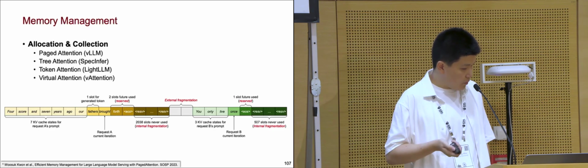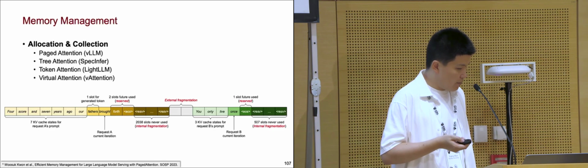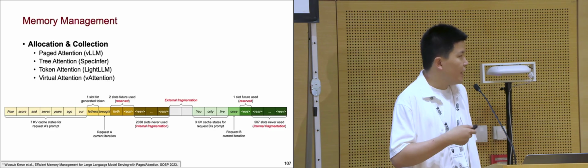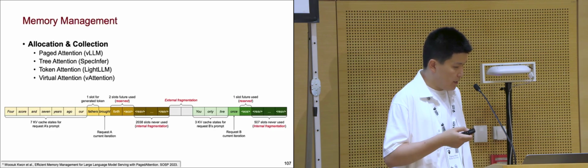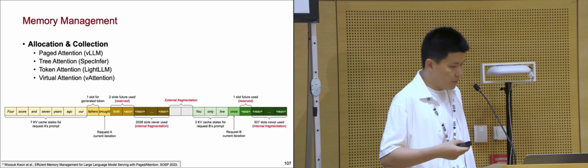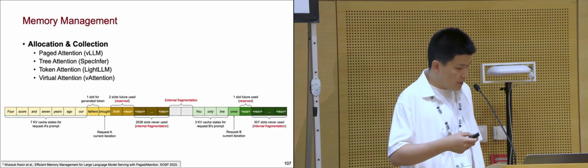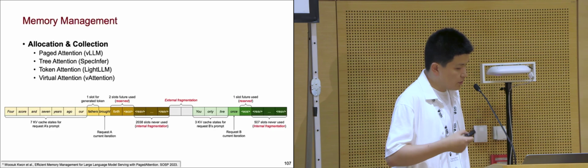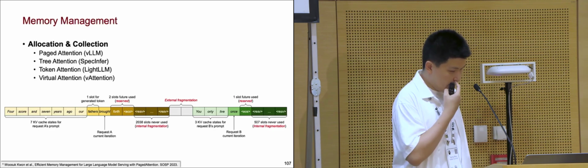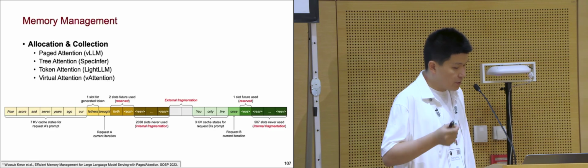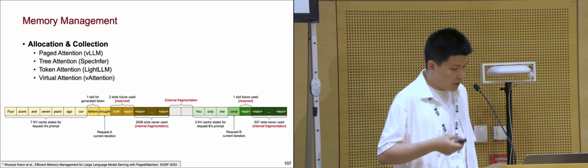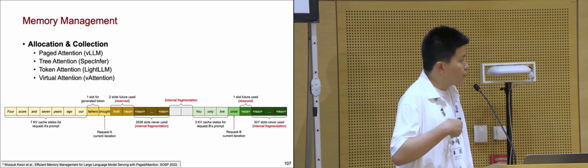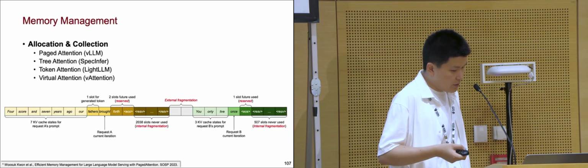Okay, the next part for the system optimization is called memory management. As we mentioned before, the KV cache is a very important factor in the consideration of building language model serving systems. And as the KV cache memory grows and shrinks dynamically during the incremental decoding process, the naive approach, which is used in FasterTransformer, will pre-allocate a continuous space of memory with a maximum sequence length of the generation.